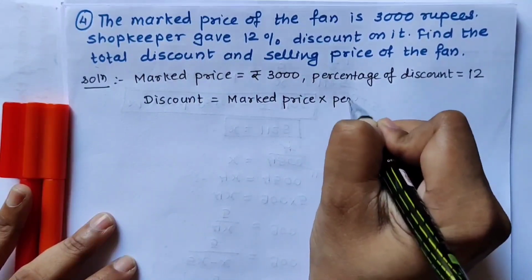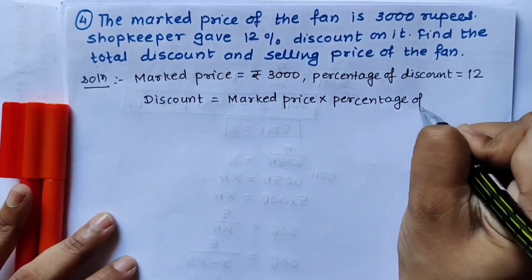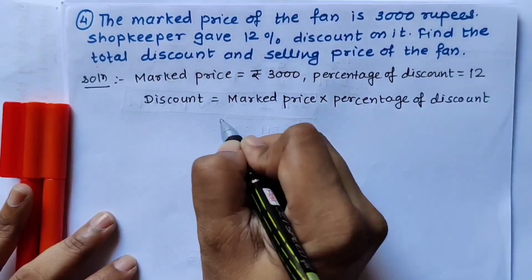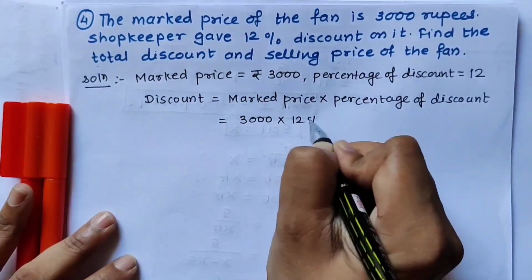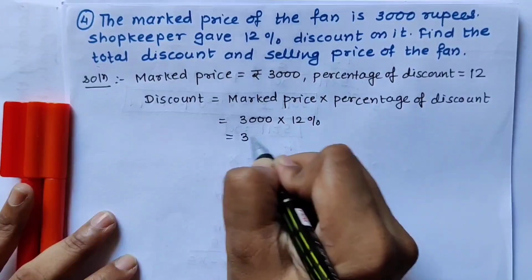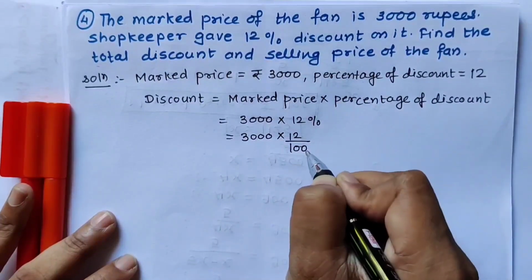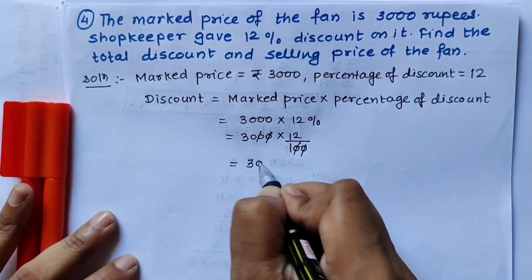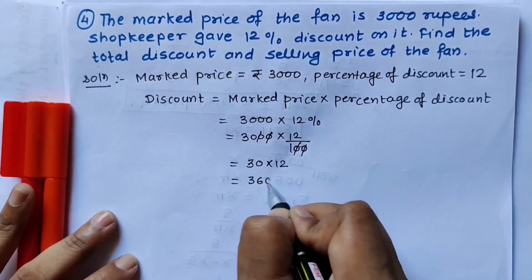multiplied by percentage of discount. So marked price is rupees 3000 and percentage of discount is 12%. So 3000 multiplied by 12% means 12 upon 100. Now cancel these 2 zeros with these 2 zeros. We are getting 30 multiplied by 12. 12 threes are 36 and this 0.